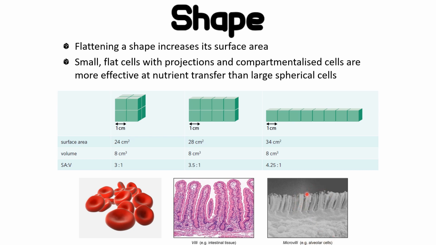Because of these little projections, there are many more entry points, so there's a higher surface area compared to volume, which allows us to take in as much oxygen as possible. If it was just flat, there'd be way fewer entry points than there are because there are multiple villi standing up like this.